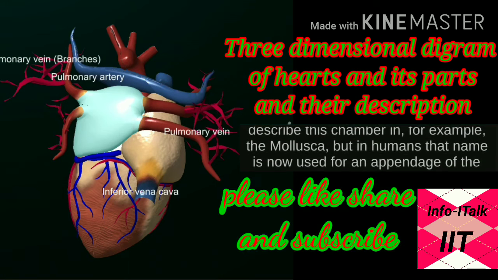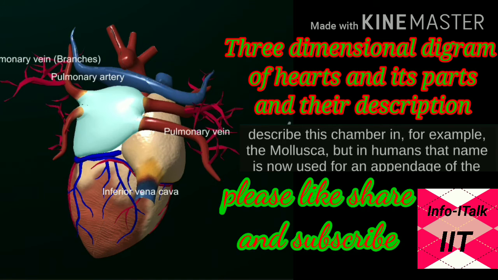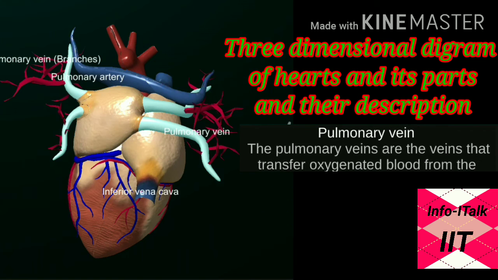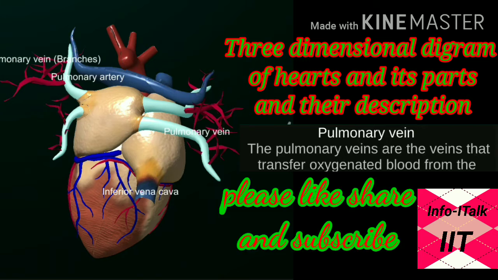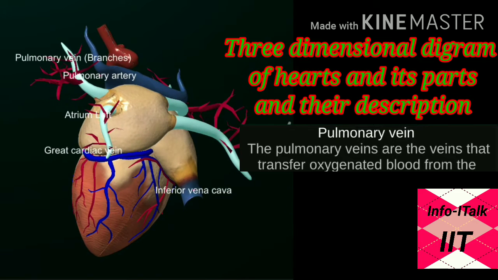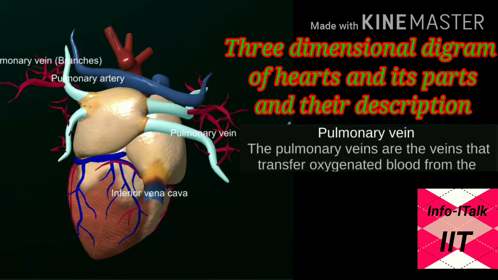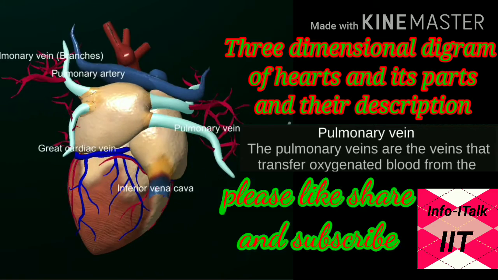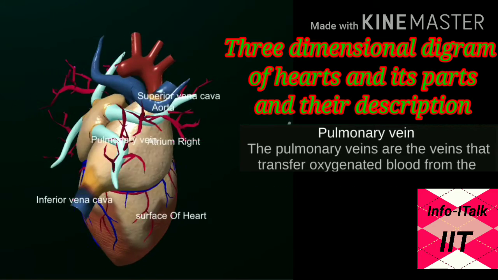Okay, we discuss the veins on the left atrium. Also shown on it are some veins. These veins are called pulmonary veins.